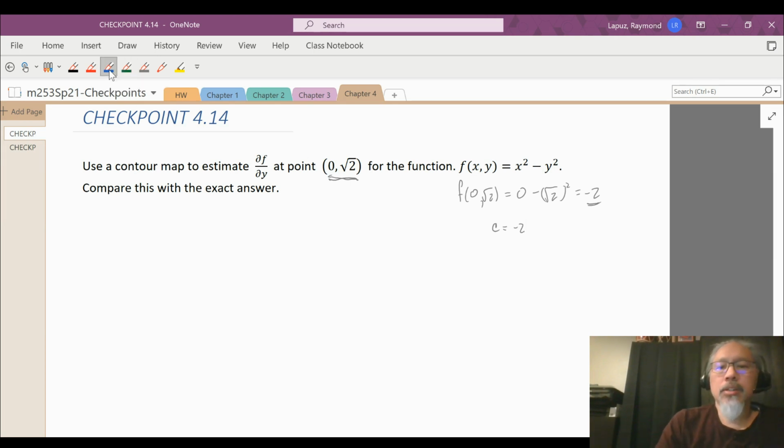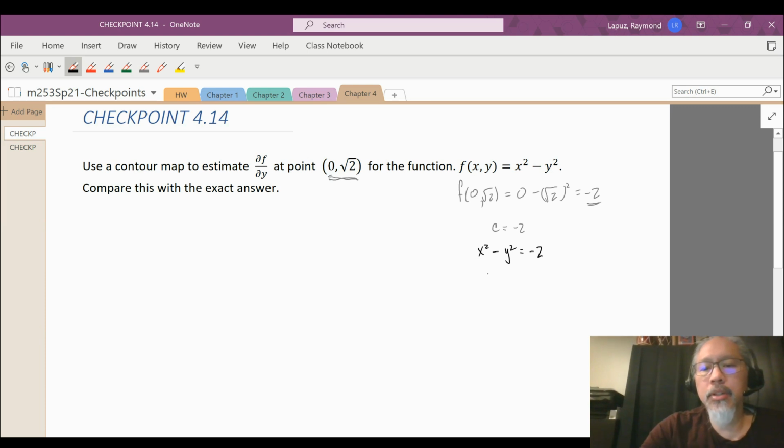So let's figure out what that's going to look like when we set our function equal to -2. We're used to hyperbolas and ellipses having 1 on the other side, so we can divide by -2, and the signs are going to switch.